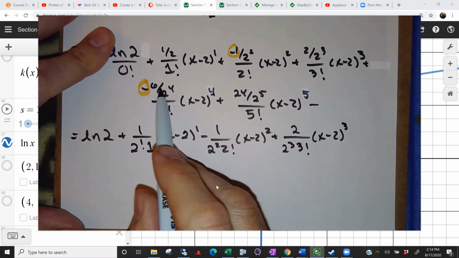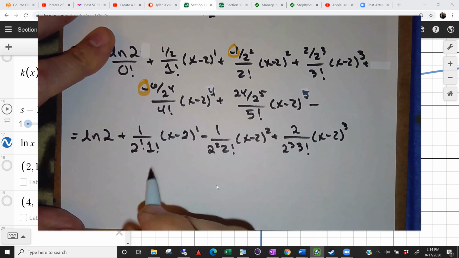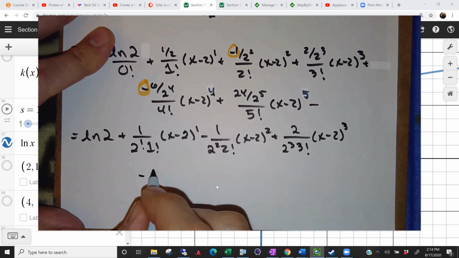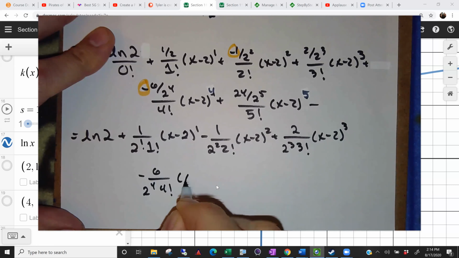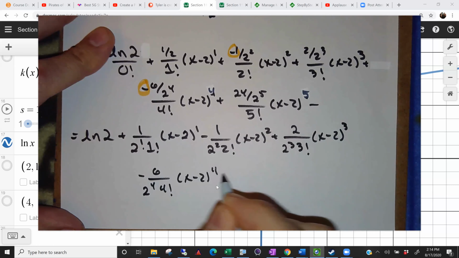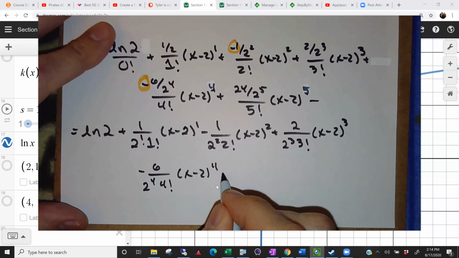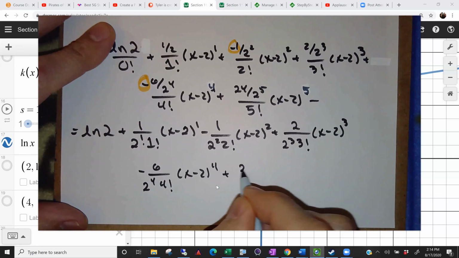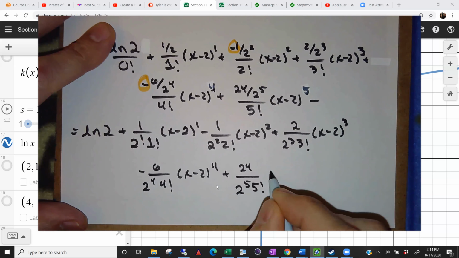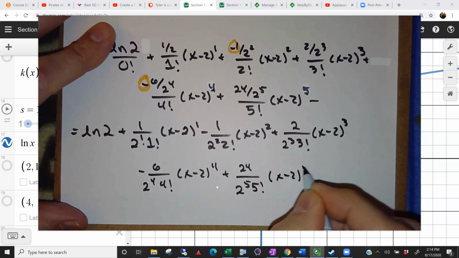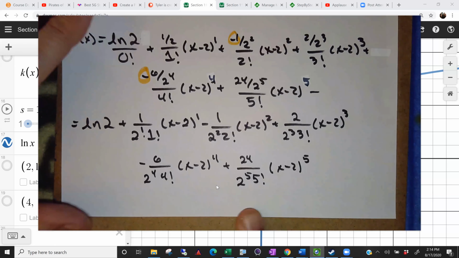The 6 I'll leave up in the numerator. 2 to the 4th comes down to the denominator. So minus 6 over 2 to the 4th, 4 factorial, x minus 2 to the 4th, plus 24 over 2 to the 5th, 5 factorial, x minus 2 to the 5th.